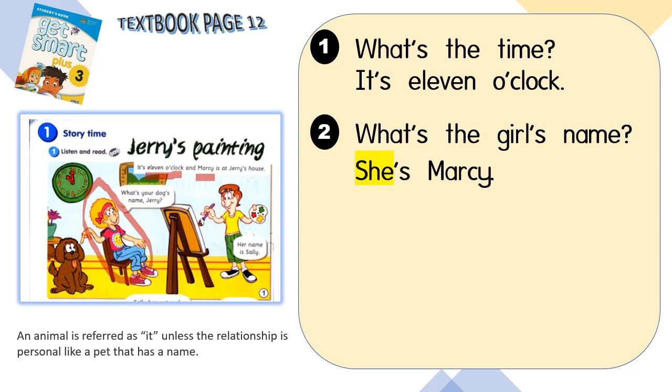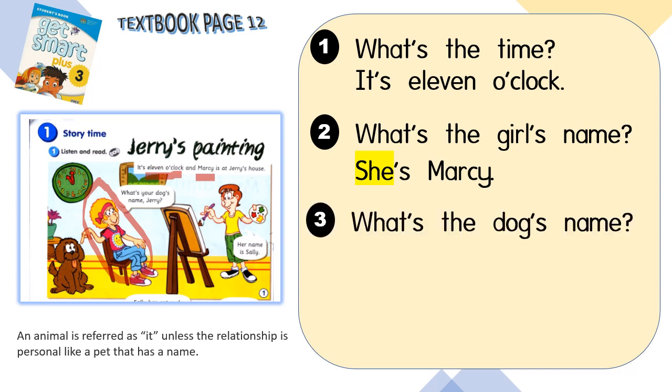She's Marcy. Very good. Now, the third question is, what's the dog's name? Okay, the dog has a name. Look here. An animal is referred as it unless it has a name.